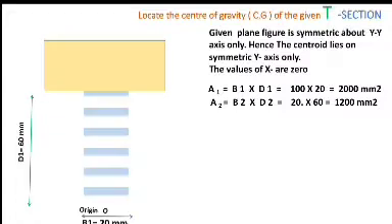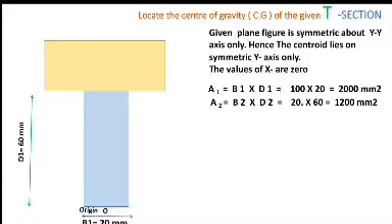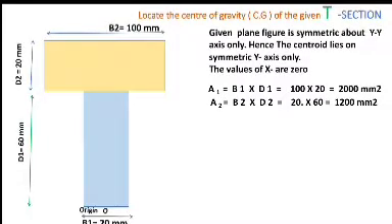Now I am taking the reference axis to locate the centroid of the T section. Here, I am taking the bottom rectangle as section 1 and the top rectangle as section 2. The dimensions of the bottom rectangle are B1 and D1, where B refers to base and D refers to depth or height.